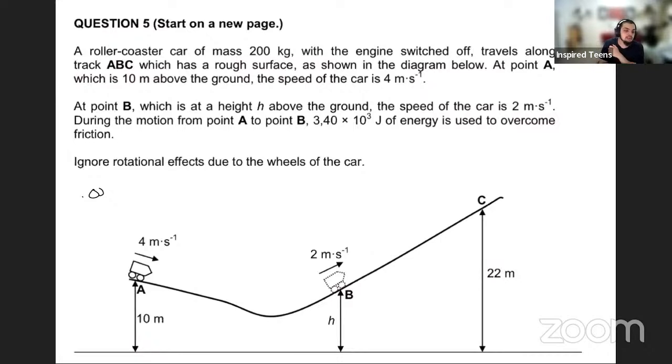At point A, which is 10 meters above the ground, the speed of the car is 4 meters per second. At point B, which is at a height h above the ground, the speed of the car is 2 meters per second. During the motion from point A to point B, 3.4 times 10 to the 3 joules of energy is used to overcome friction. Ignore rotational effects due to the wheels of the car.